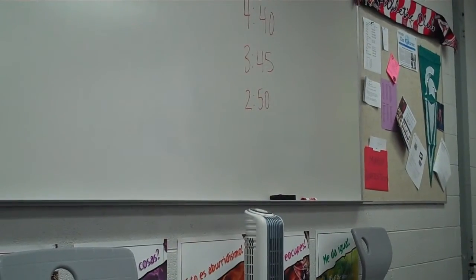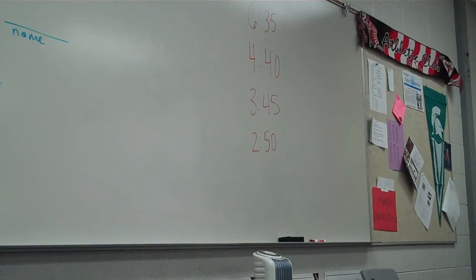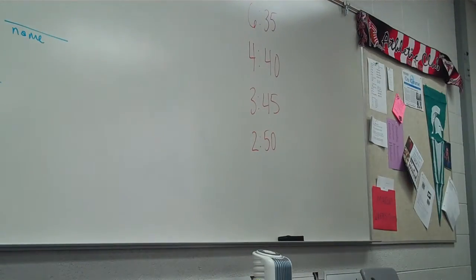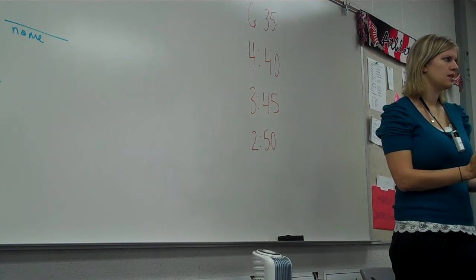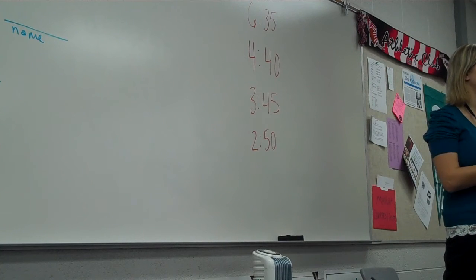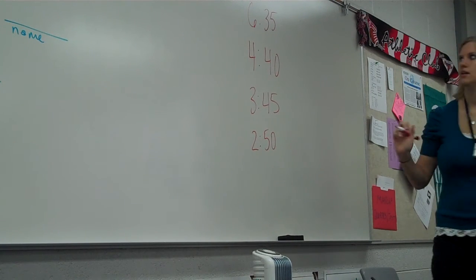What I'm going to ask you guys to do in just a second is give me the different possible ways that you could say these numbers. So for instance, 6:35, you could say that in two different ways, in English and in Spanish. In English, you could say it's 6:35, or it's 25 minutes until 7, correct? How would you say those things in Spanish? How would you say it's 6:35? Tell me, everybody.